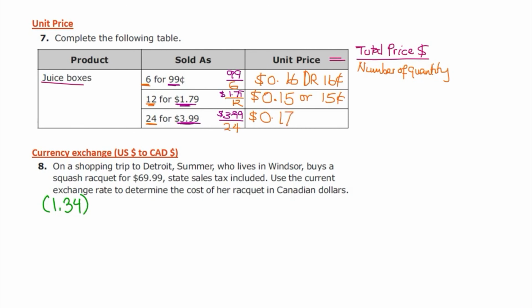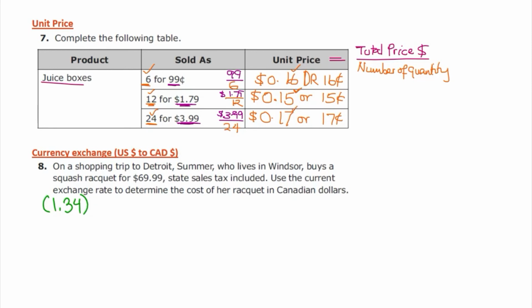So 17 cents is the price if I increase the number of juice boxes and the price that follows. You notice here that for 6 we have 16, which is great, but when we go to 12, which is double the quantity, we have a dip by 1 cent, and then when I double again, which is 24, I have an increase of 2 cents.